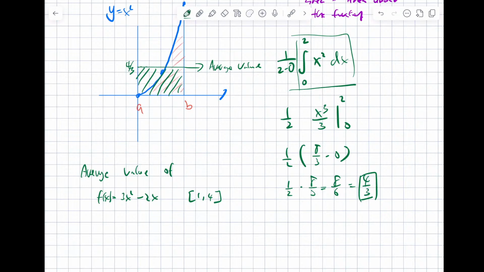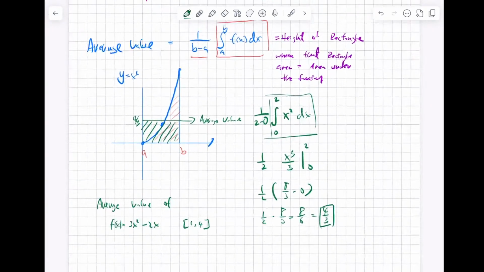Now, a lot of times the AP exam will ask for the average value. It's not hard. Just be able to take the integral and divide it by the interval. So it's integral divided by interval. That's an easy way to remember it. I'm going to say that again. I may want to write it down for you.